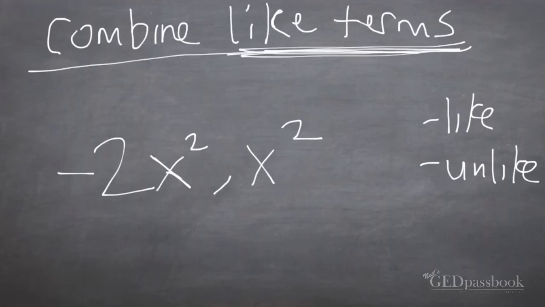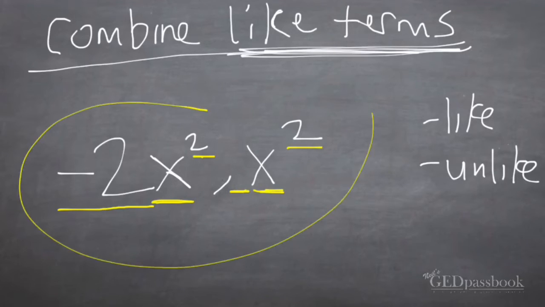So in this specific case, this has a negative 2, and this one, even though you don't see it, does have a 1, right? They both have an x, and they both have a 2. This whole thing is like terms, all right? So you got to identify this, and this is another thing that you got to be a master at, identifying it alone.